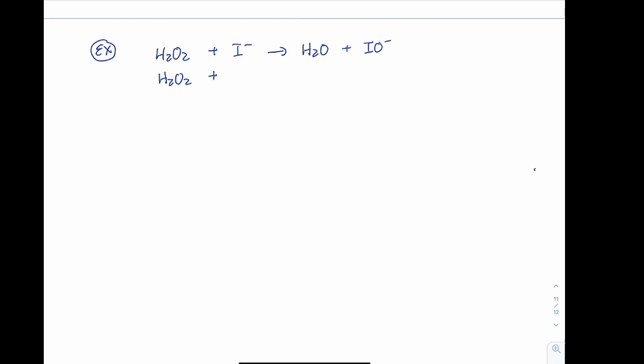My second step is going to be another hydrogen peroxide reacting with hypoiodite, going to another water molecule plus oxygen plus iodide ions. And we're going to write the net equation, or overall, same thing.